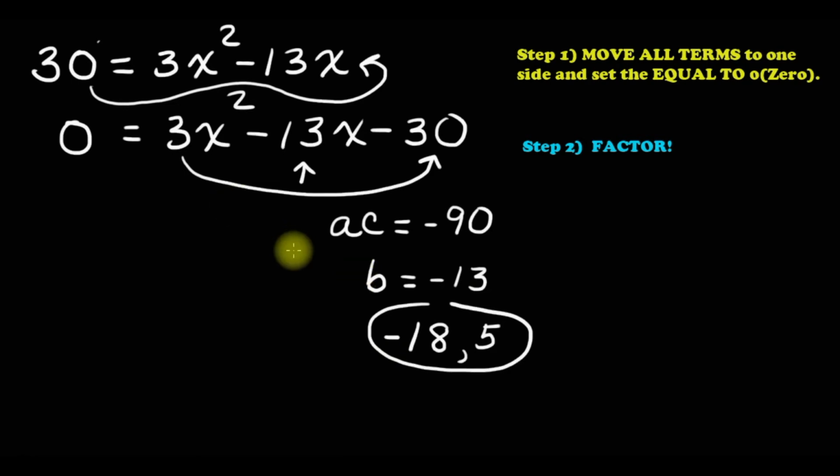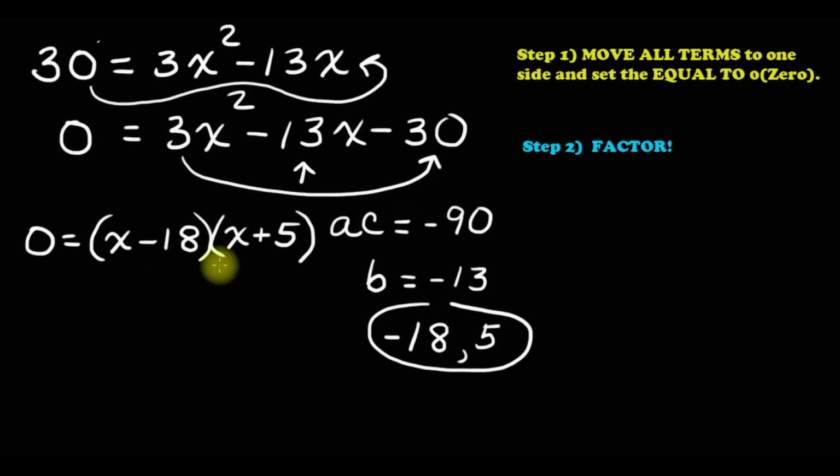Once you have those two numbers, you're going to write it in factor form. So it's going to look like this: 0 is x minus 18, and the other one is x plus 5.